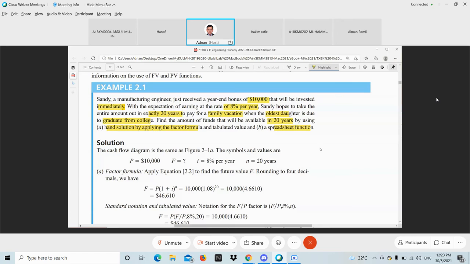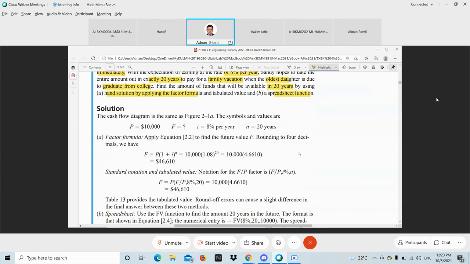So what we need to do: we know the P value is 10,000, and we want to know what F is, given an interest or growth rate of 8% per year for a duration of 20 years. You can put in the basic formula, P times 1 plus I to the power of N, and we see that after 20 years you get 46,000 out of 10,000.